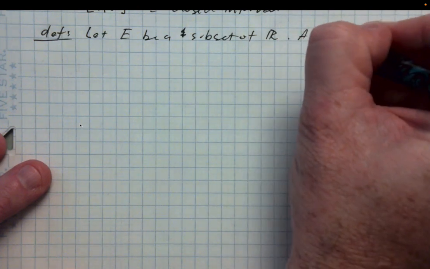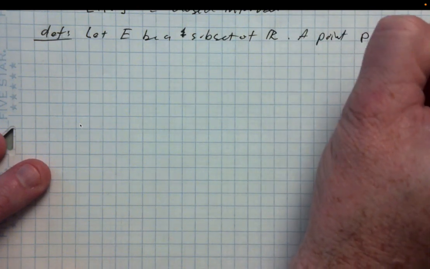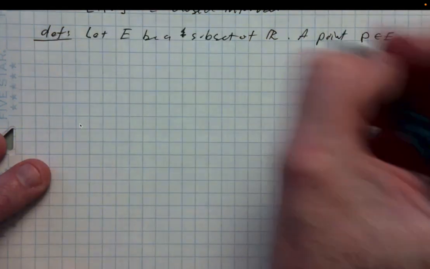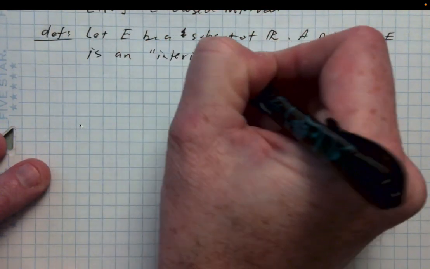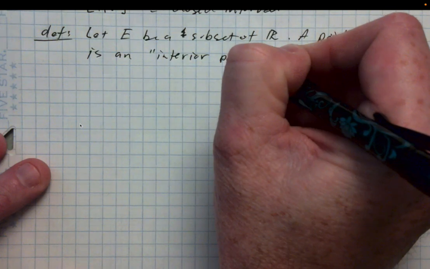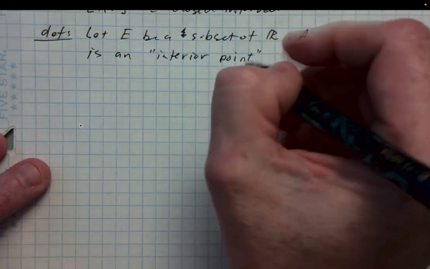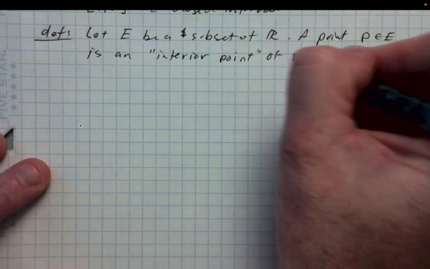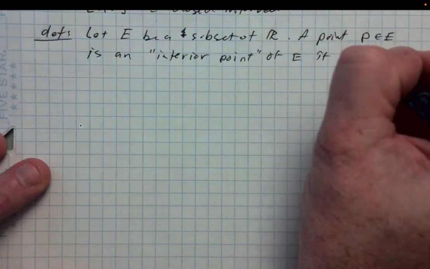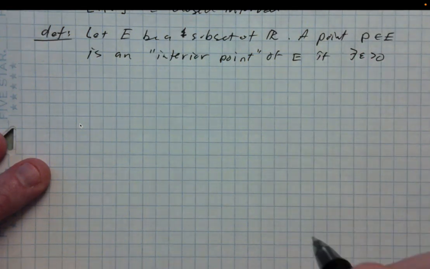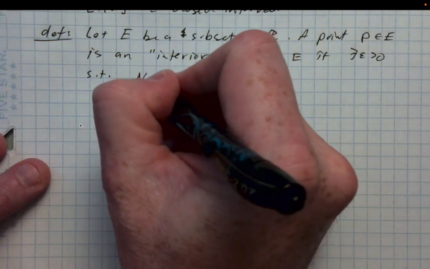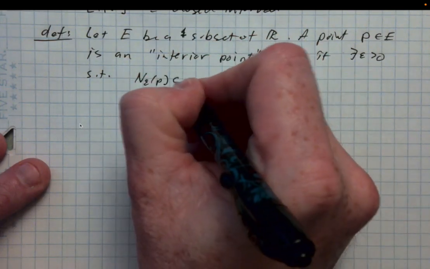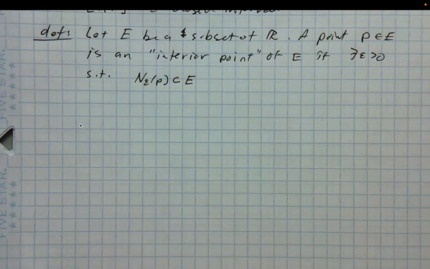Then we say a point p that's inside the set E is an interior point, interior meaning inside point, of E if there exists some epsilon greater than 0 such that the epsilon neighborhood of p is entirely inside of E, is a subset of E.